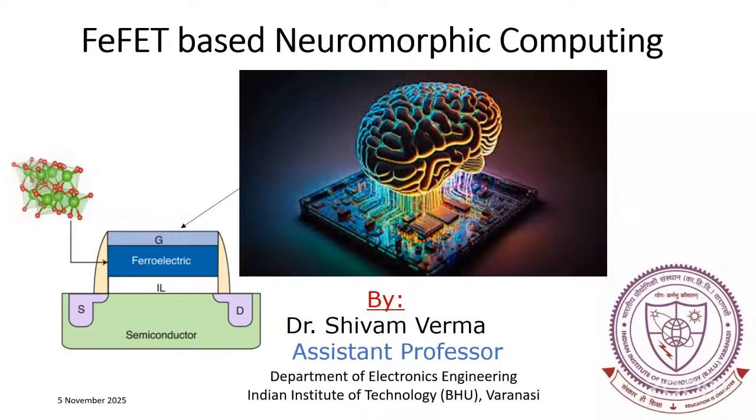We will see what a neuron is, what a synapse is, and all these terms involved in this presentation. Neuromorphic computing involves mimicking this biological approach of the human brain to achieve computation, and that's why it is called the next generation computing paradigm. It mimics the behavior of the human brain for computation.